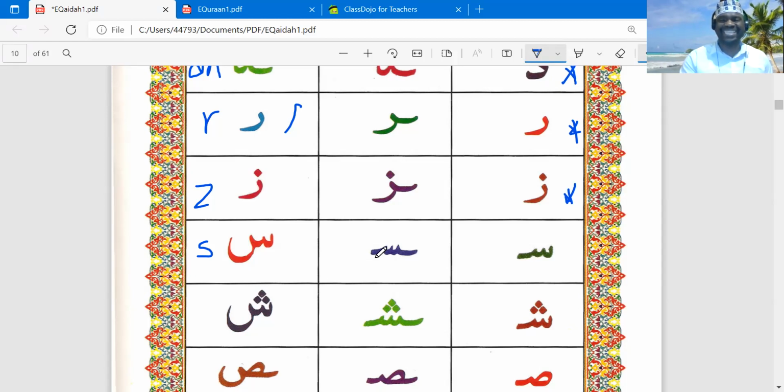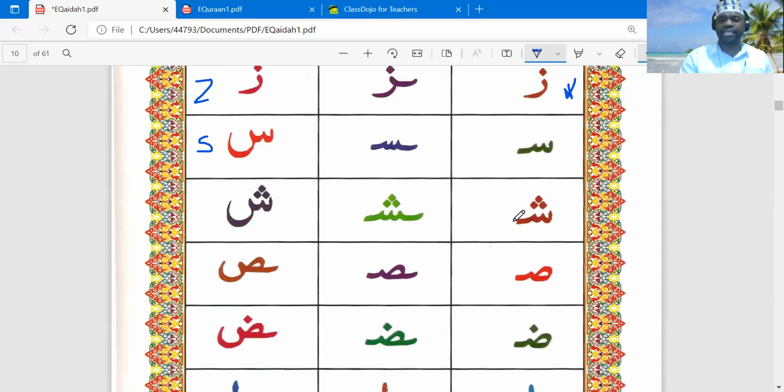Sin, with our teeth flat. Or like Zain, Z. Then the next letter is Shin. It's a family of Sin, but it has three dots on the top. So Shin, and Shin sounds like S and H together, like in Ashhadu an la ilaha illallah.